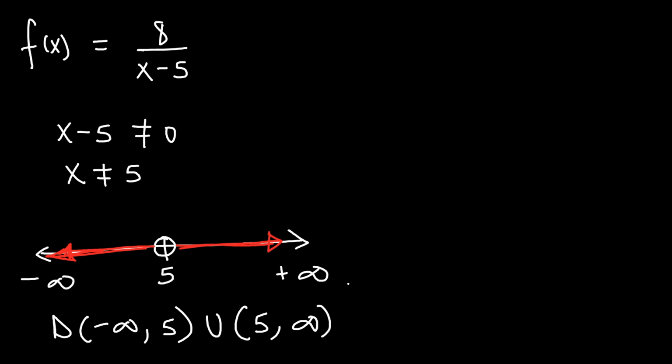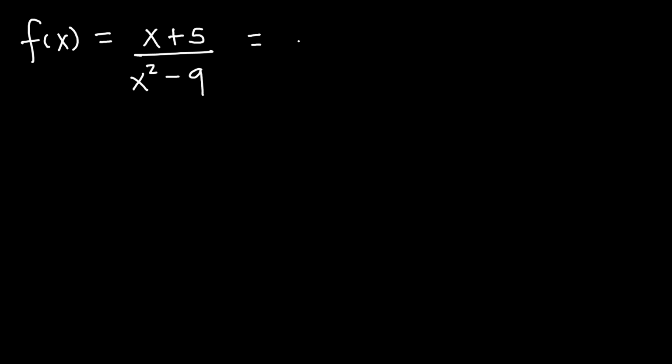Now, let's say we have a rational function f of x equal to x plus 5 divided by x to the power of 2 minus 9. This can also be written as x plus 5 divided by x to the power of 2 minus, now 9 is the same as 3 raised to the power of 2.